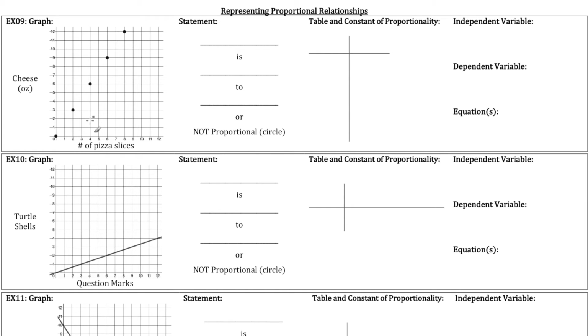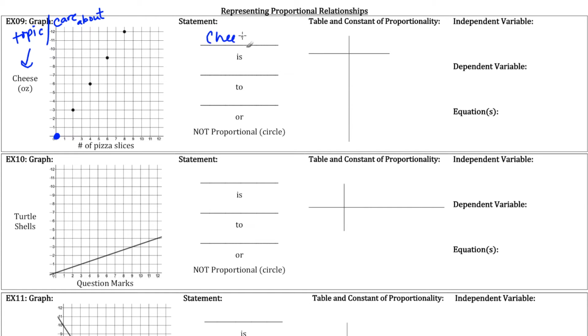Okay, so we have slices of pizza, number of pizza slices, amount of cheese. So let's go ahead and check this out. It goes through 0, 0, and it's a straight line. So this is proportional. Remember, this is the one we care about, the topic.